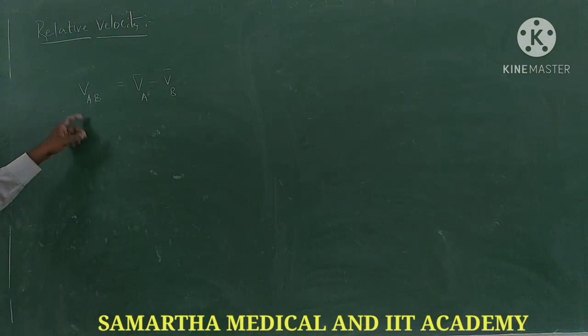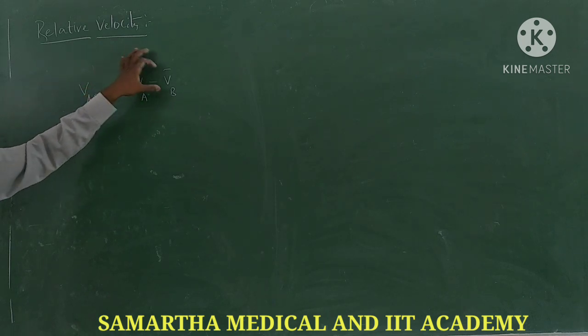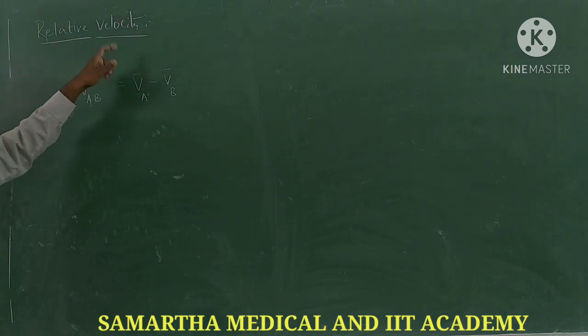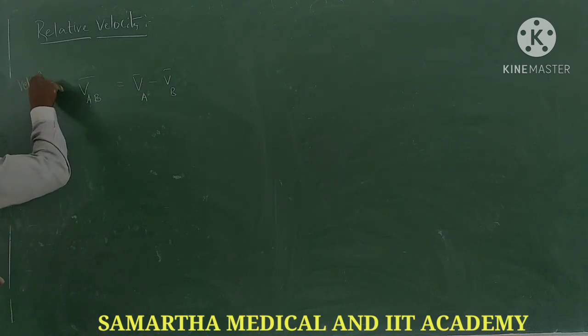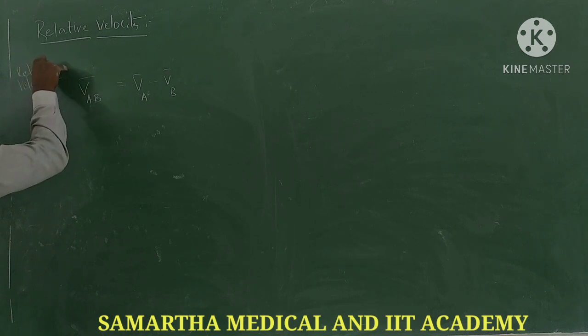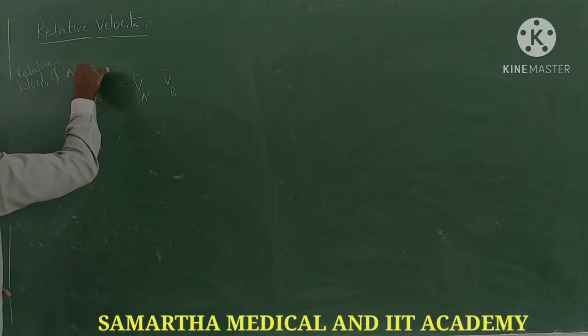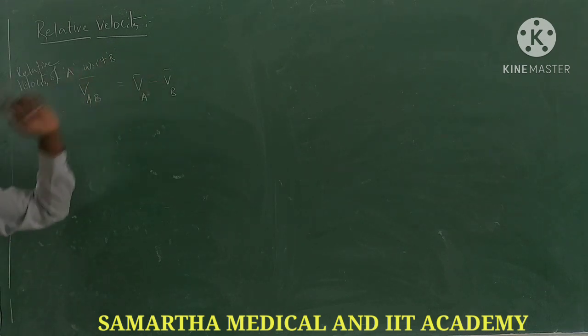So the velocity of A with respect to B is equal to velocity of A minus velocity of B, as vectors. The relative velocity of A with respect to B is VAB bar equal to VA bar minus VB bar.